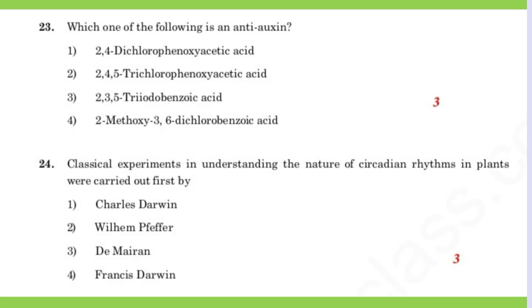Then the next question, classical experiments for understanding the nature of a circadian rhythm in a plant were carried out by. The circadian rhythm, the scientist Jean-Jacques d'Ortous de Mairan, he was a French astronomer.